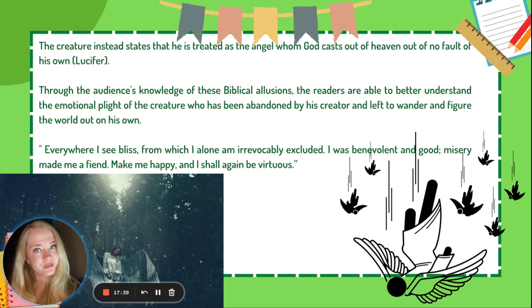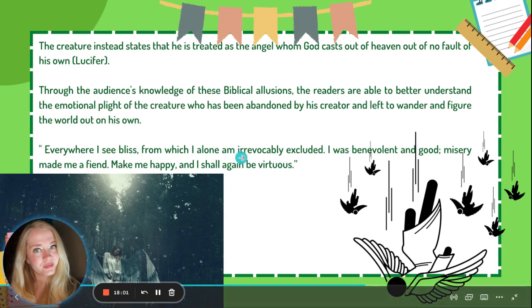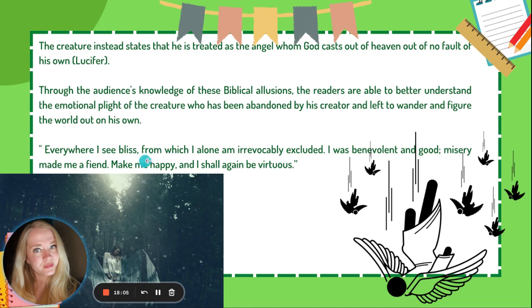So by understanding the allusion to Adam and the allusion to the fallen angel, the readers are able to understand that deeper theme. So he is saying, I am able to see all of these people who are feeling love. I'm able to see all of these people who are able to find connections. And I am the only one who is kept out of that.